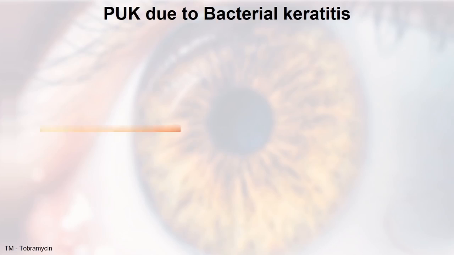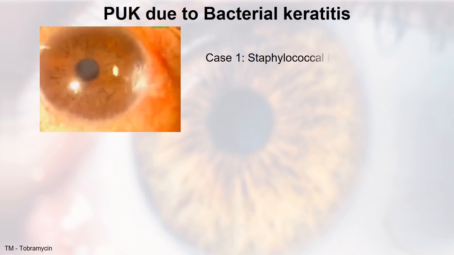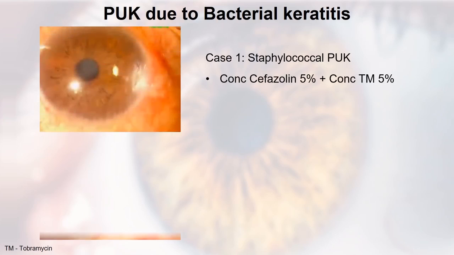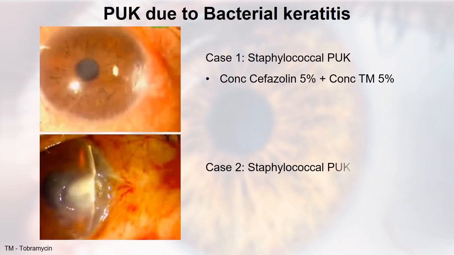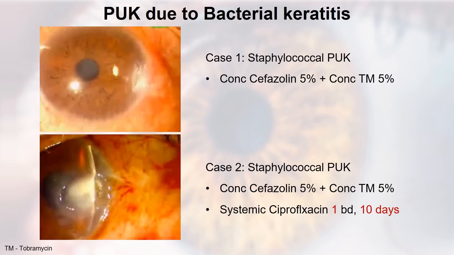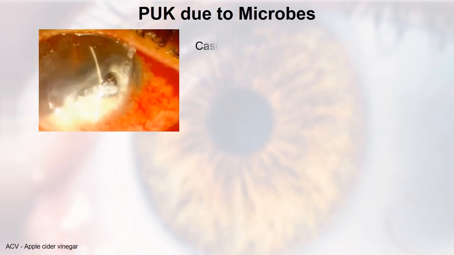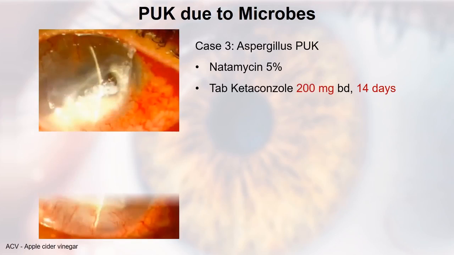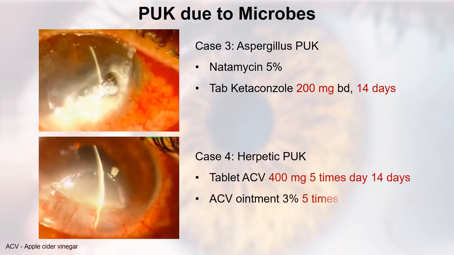Now, just to take you through the case examples, these are PUKs due to staph, where topical antibiotics were given, cefazolin and tobramycin, and here cefazolin and tobramycin with systemic antibiotics was given. Now, this was a PUK due to aspergillus keratitis, and this was due to herpes keratitis.